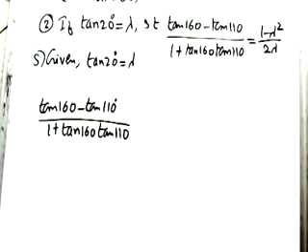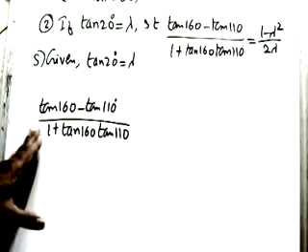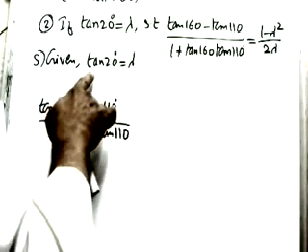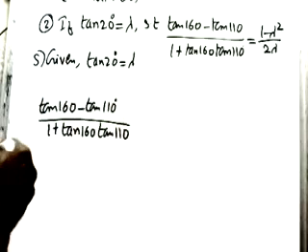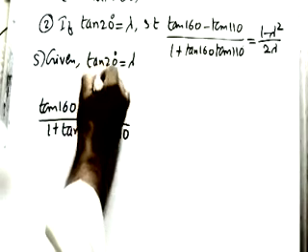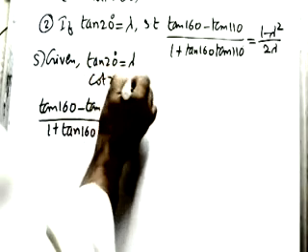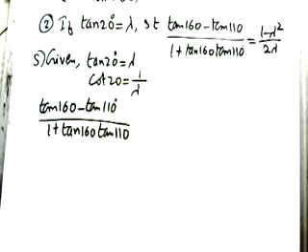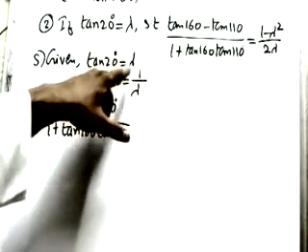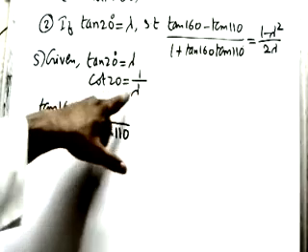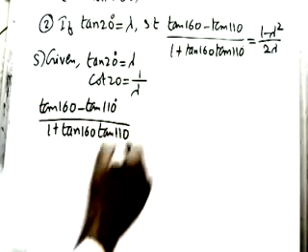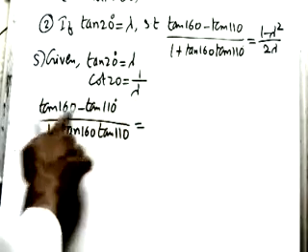Now you see the next question on the board. If tan 20 equals lambda, then show that tan 160 minus tan 110 by 1 plus tan 160 tan 110 equals 1 minus lambda square by 2 lambda. Now watch carefully, see how to start. What is given? Tan 20 equals lambda. So what can you say about cot 20 degrees? It's the reciprocal, therefore 1 by lambda. So in place of tan 20 we can keep lambda, and in place of cot 20 we can keep 1 by lambda.